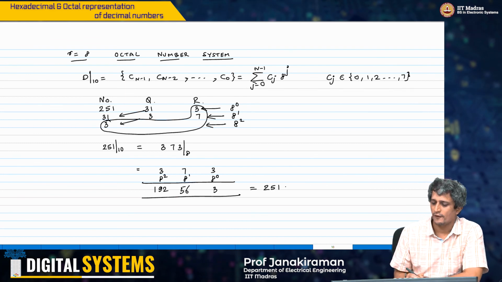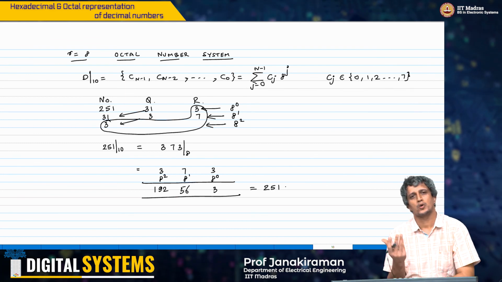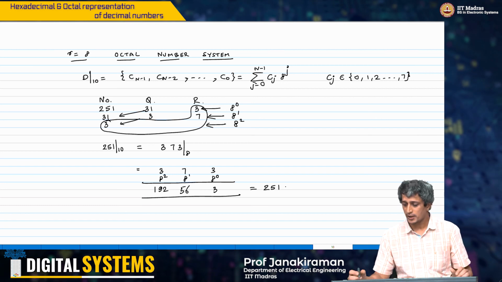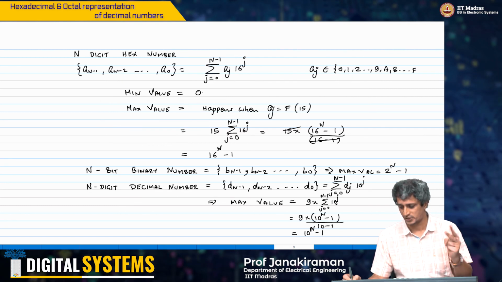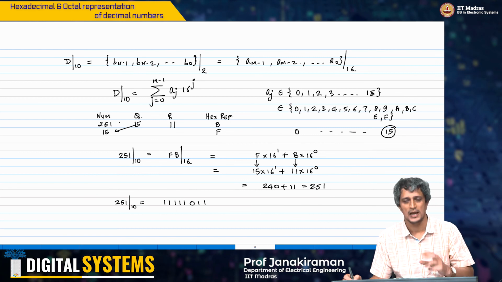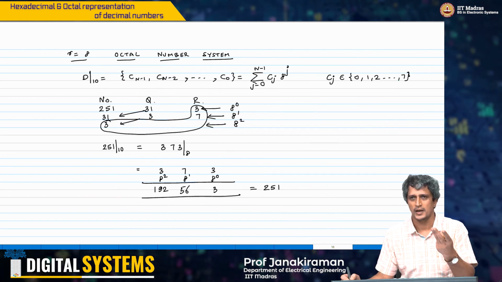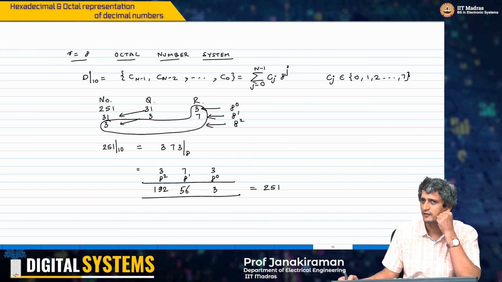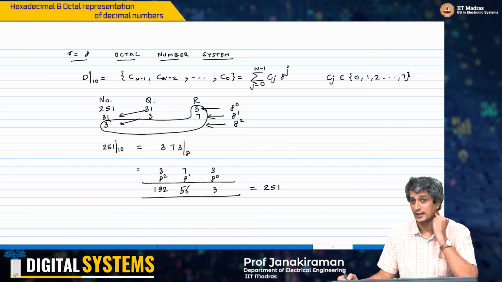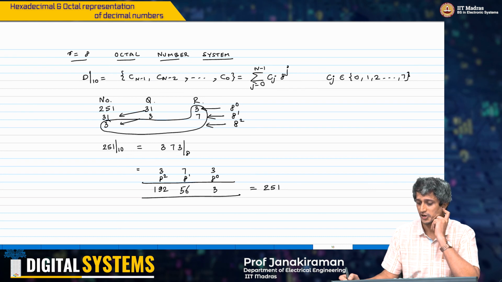So effectively, the same number 251, which was represented using just 2 digits in hexadecimal as FB, is now represented by 3 digits in octal, 373, and it needed 8 bits in the binary representation.